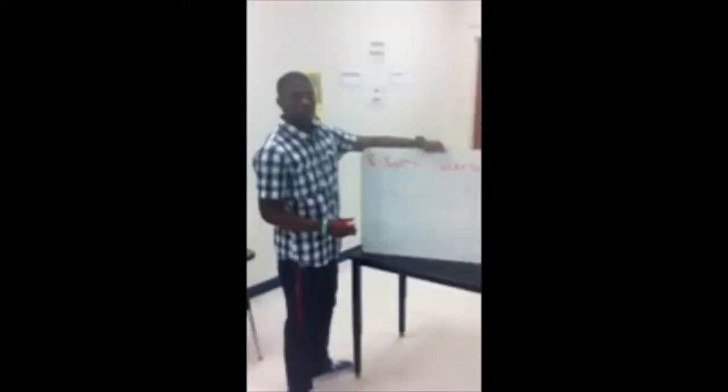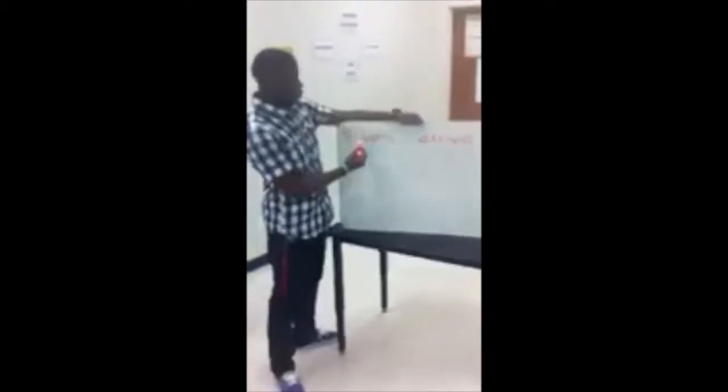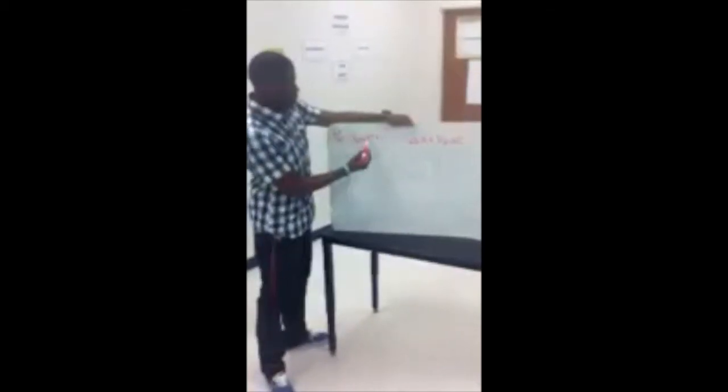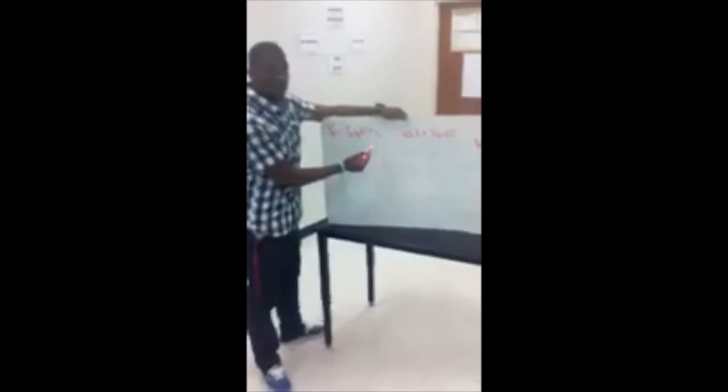41 feet, all right. For trial one, we use the y final equals 1/2 gravity times time squared plus the initial y.